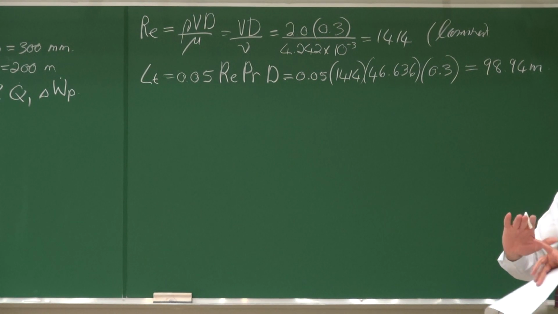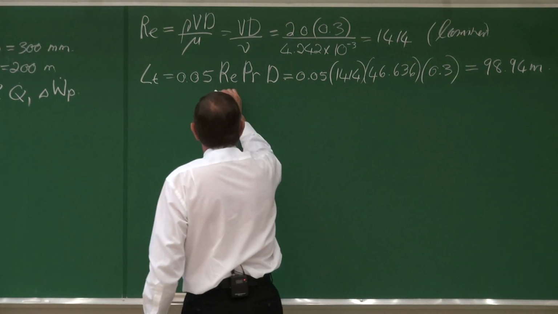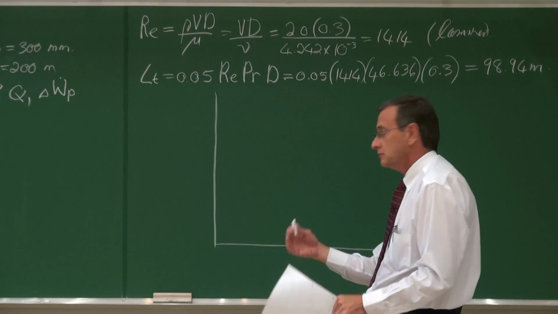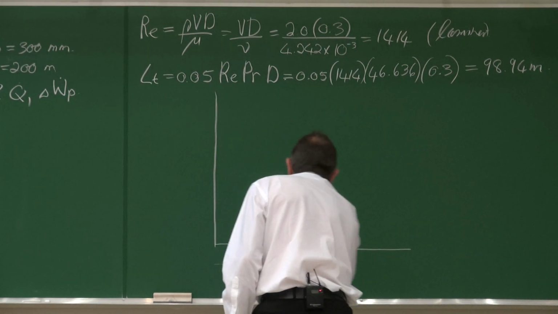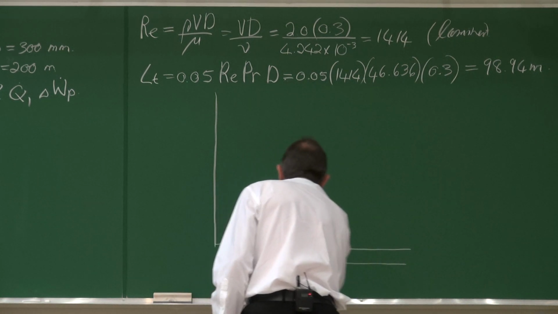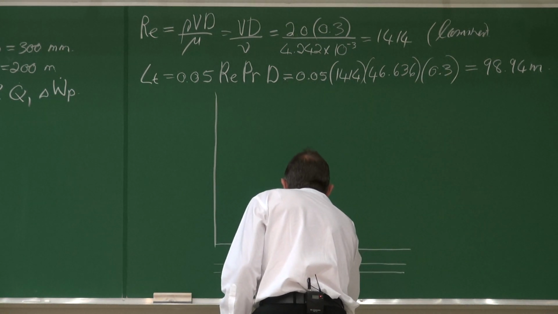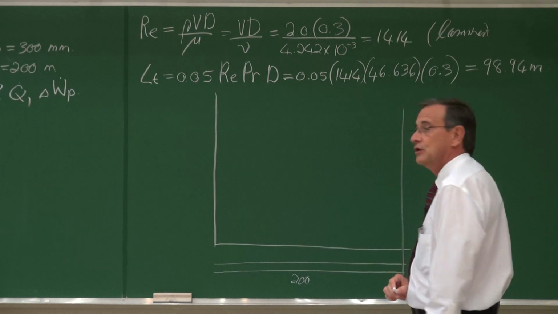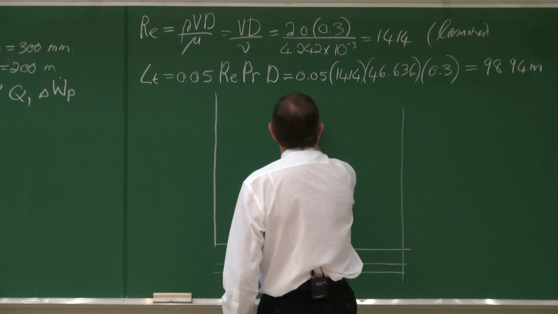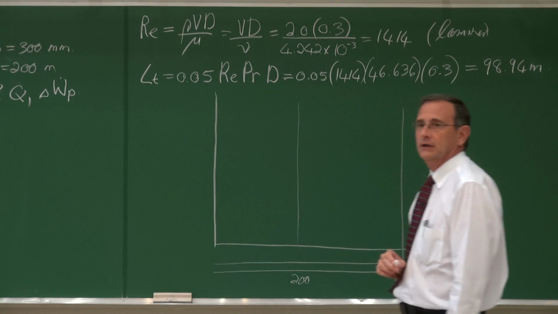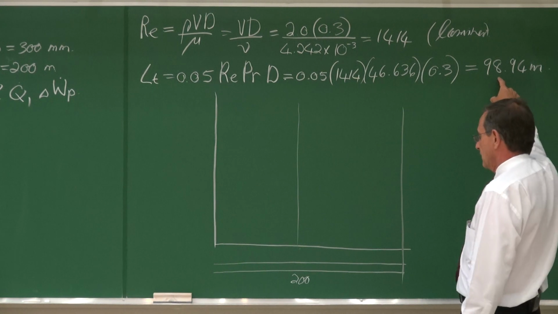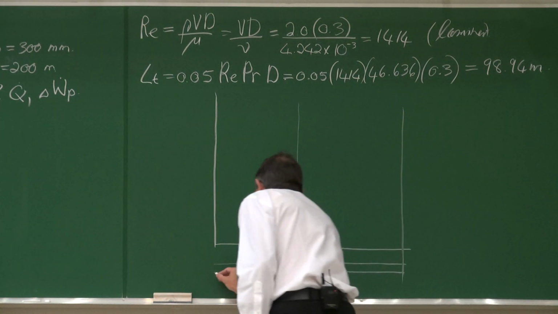So, the bigger perspective of this is, and I would always like to encourage you to make graphs. Okay. So if you now think of this tube, which is 200 meters in length, here's about 100 meters, halfway, it's going to take 98 meters before the flow is fully developed thermally.